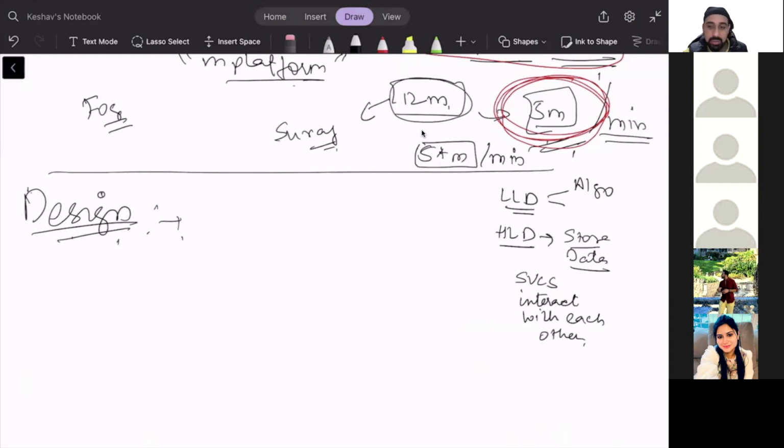So do you guys think this is a scalable system? Let's talk about it from that angle. Is this a scalable system, or a normal system with very limited traffic? I don't think it's scalable, because you cannot increase the platforms. If there are M platforms, there are M platforms. Exactly.